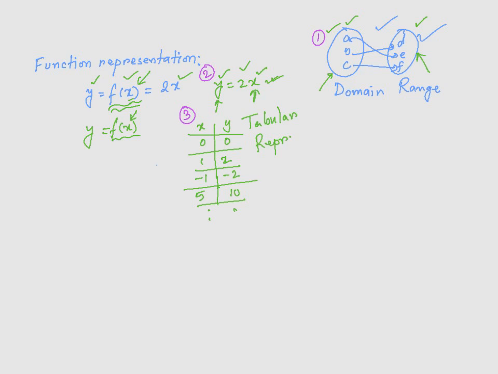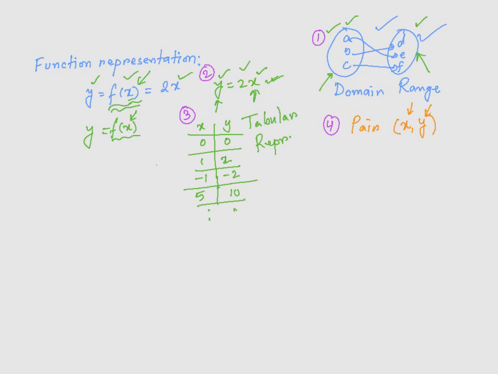Okay. Now, there is yet another representation I could think of, which is this. I'll call it number 4. It's a pair. A function could be thought of as a pair of numbers, which is typically represented by x, comma, y. X represents the independent variable, y represents the dependent variable.